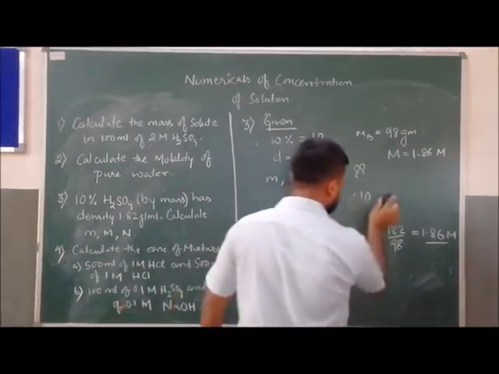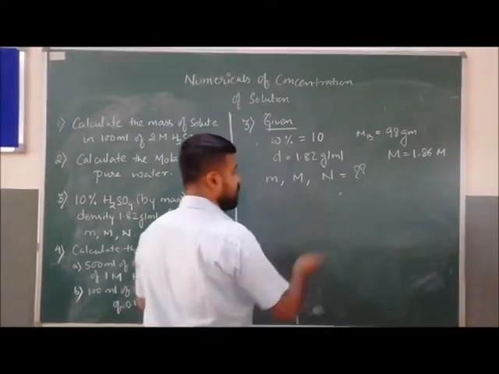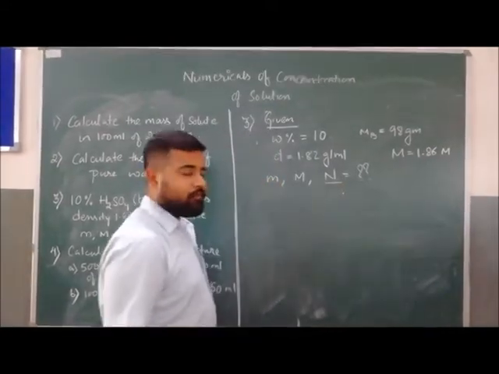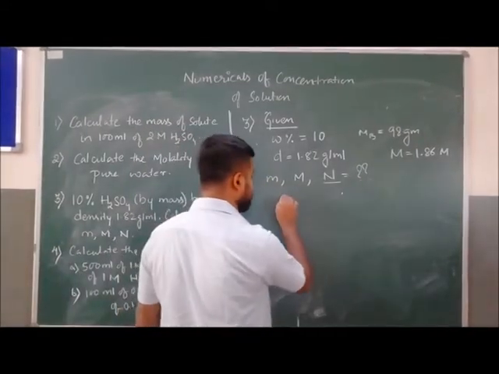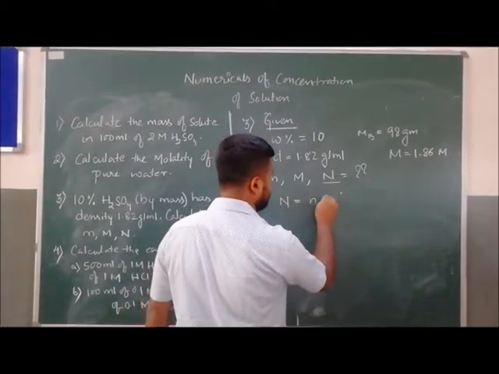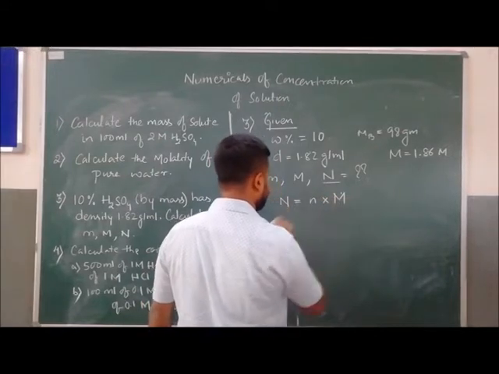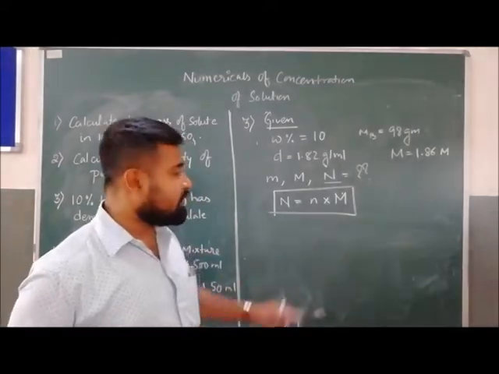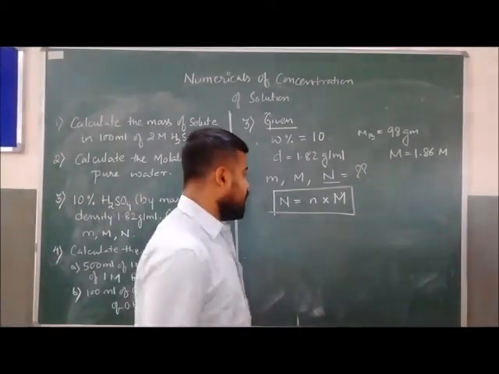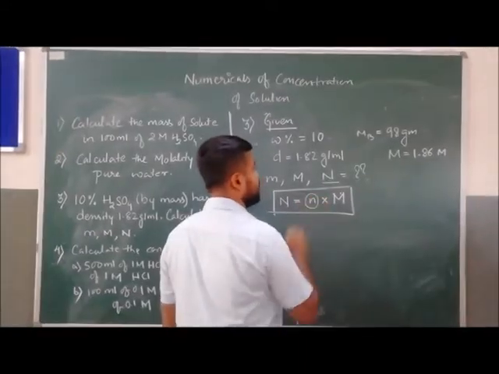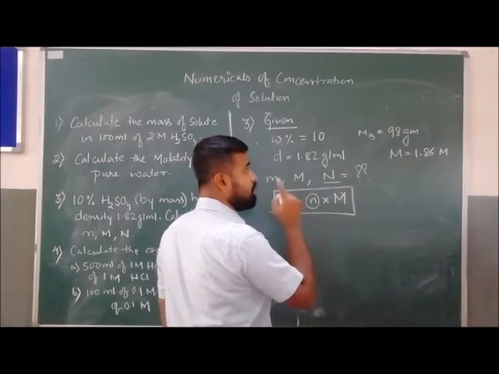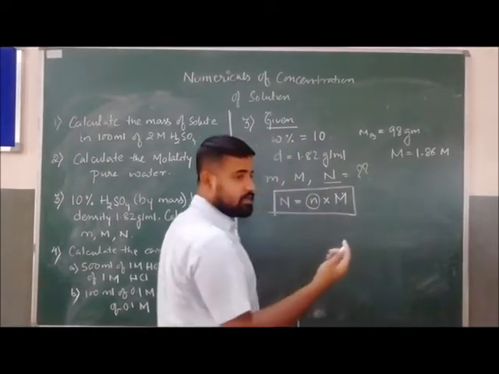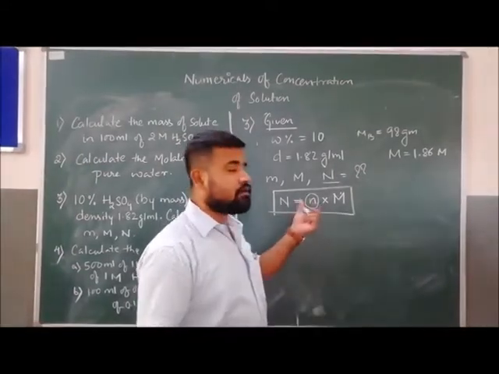Next we have to find out the normality. Normality is equals to N into M. In the previous video I have told you the formula that normality is equals to N into M, and what will be the value of N? This will depend upon the acid or the base or salt which is given in the question.